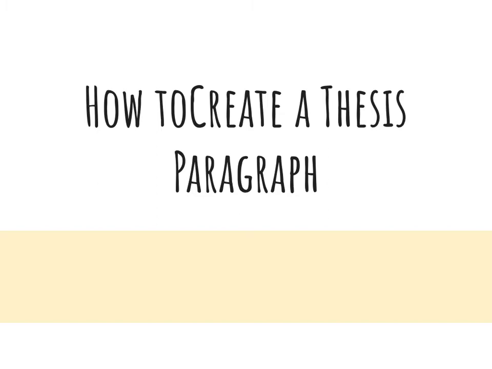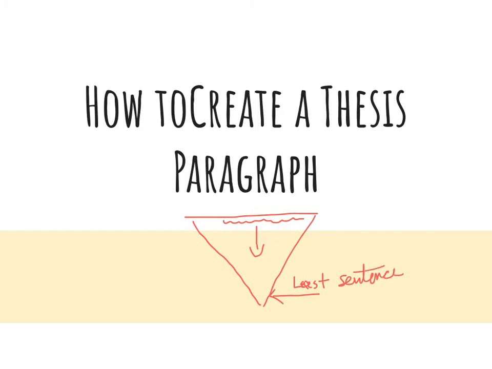I'd like to begin by explaining how an introductory paragraph is basically like an inverted pyramid. You're going to start with some kind of general statement up here and become narrower and more narrow as you get to the last line. The last line or the last sentence of your intro should be your thesis statement.